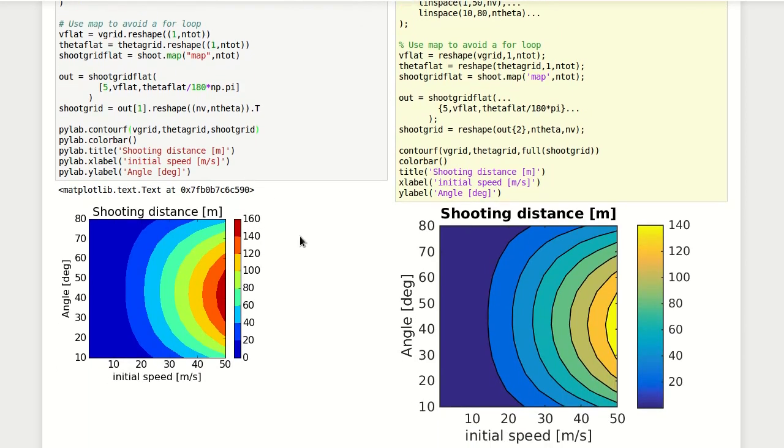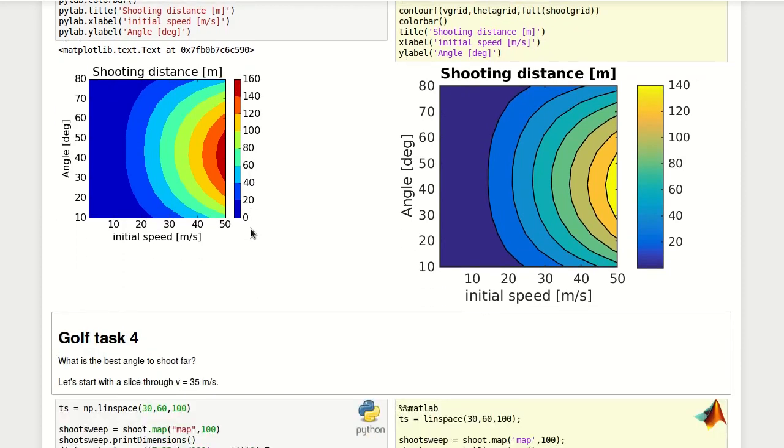So in the plot we have on the horizontal axis the shooting speed, and on the vertical axis the angle of the velocity vector at the start. And we can see that we can reach up to 100, scaling is a bit different, up to 150 meters, let's say.